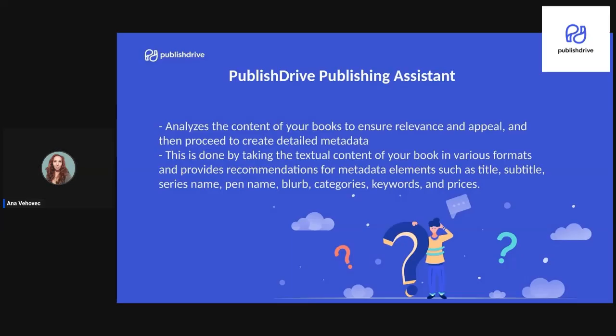That being said, you will receive recommendations, but there is still sufficient flexibility to fine-tune the results. You will be receiving multiple options, so you would, of course, select the preferred options. You can provide feedback, you can export the recommendations, and it generally integrates well with our distribution service because it was created as a part of the larger ecosystem within PublishDrive.